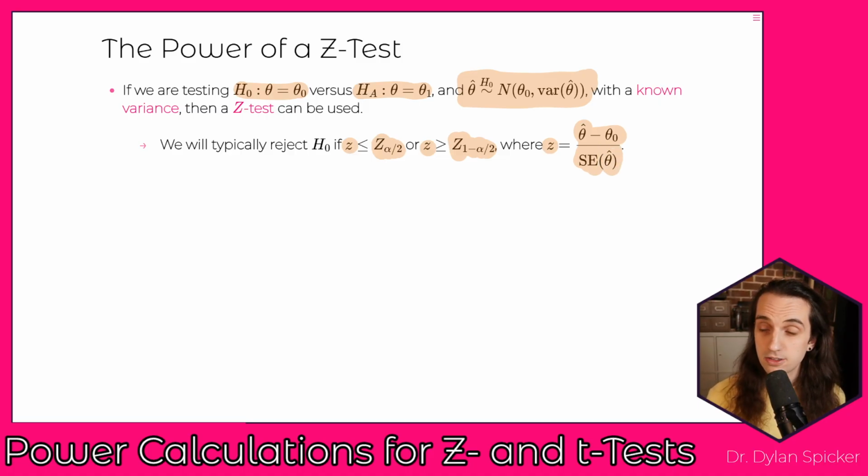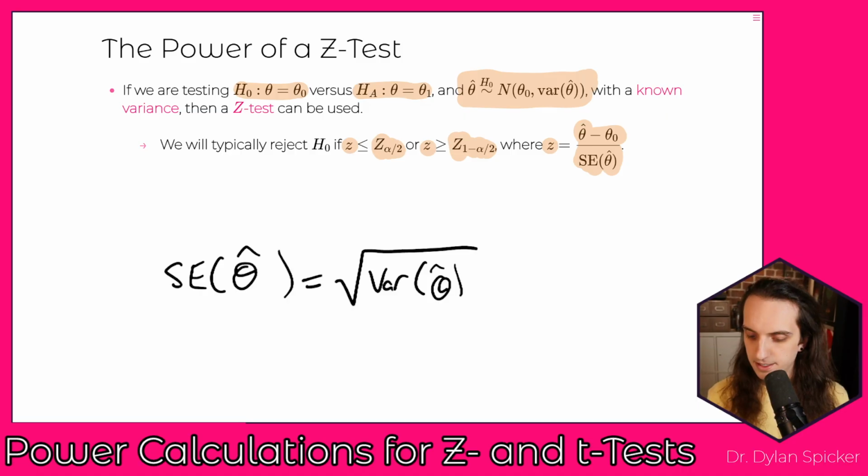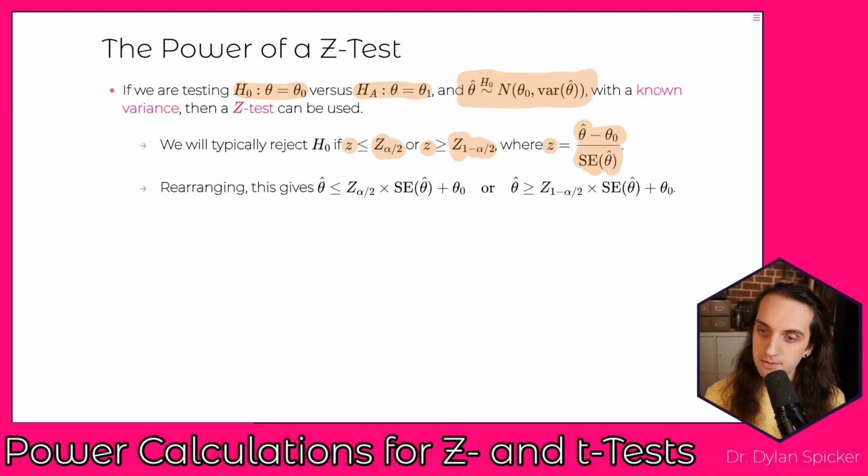And remember, the standard error here is going to be the square root of the variance, right? So the standard error of theta hat is equal to the square root of the variance of theta hat. Okay? And so that's what our standard error is defined as. So we're rejecting it if we observe something that is larger in magnitude than our critical values here.